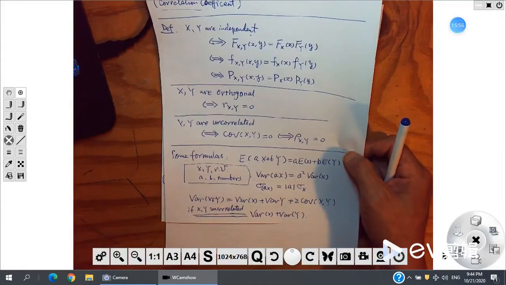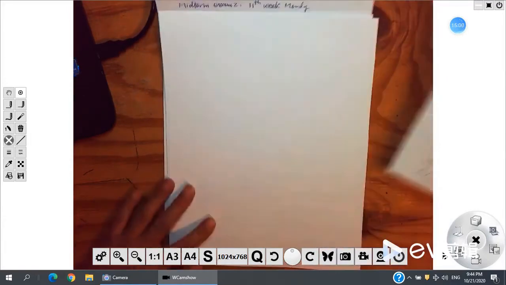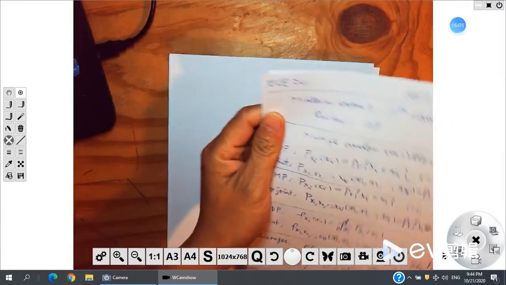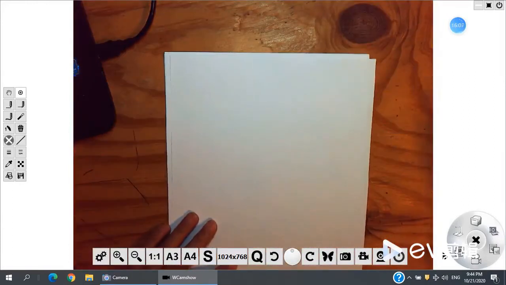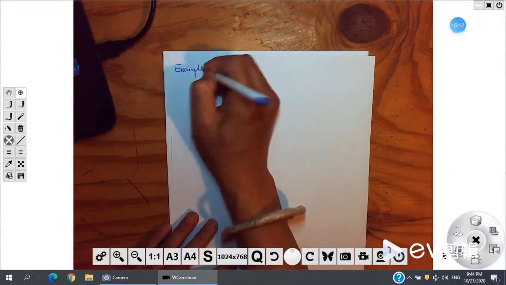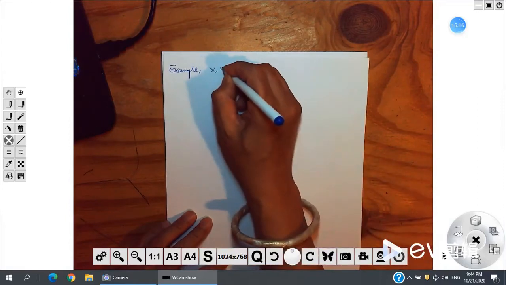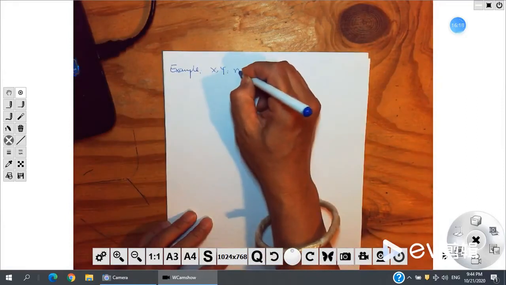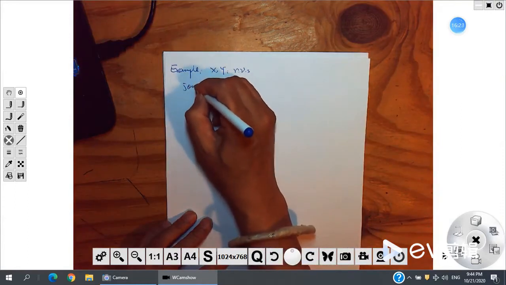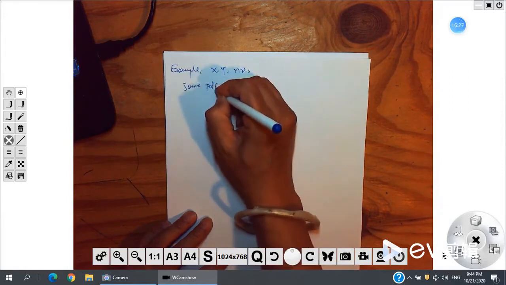Alright, let's consider an example. We consider X and Y, two random variables with a joint probability density function.